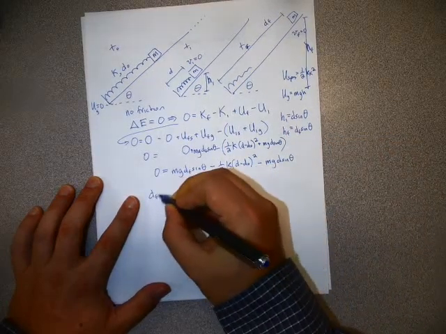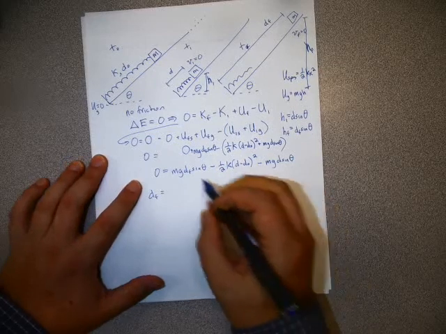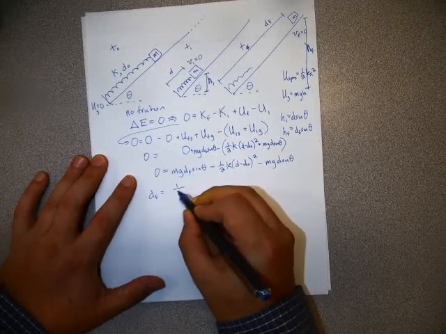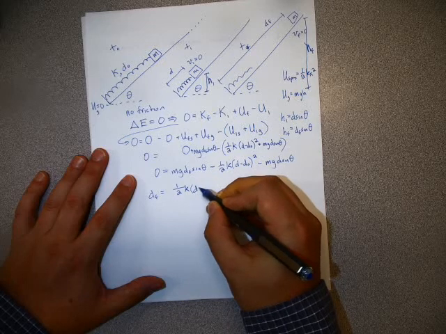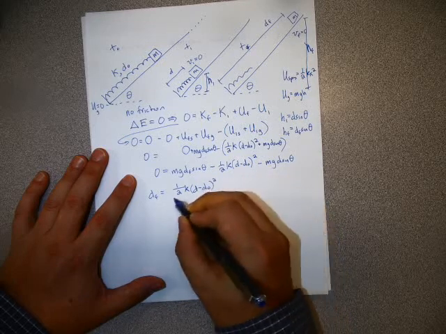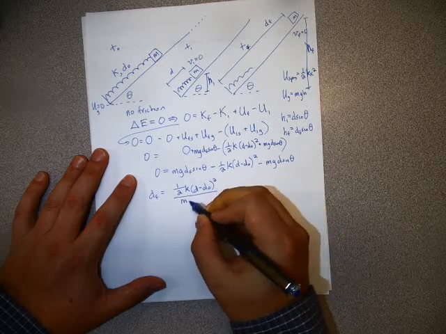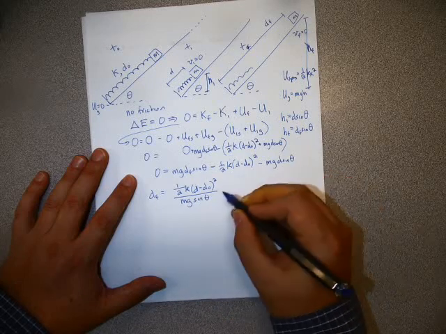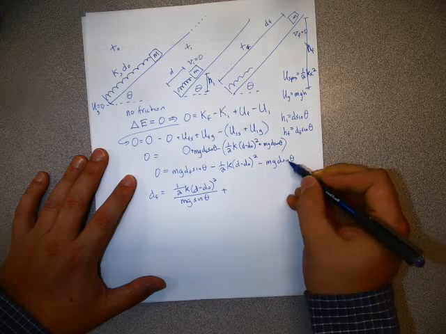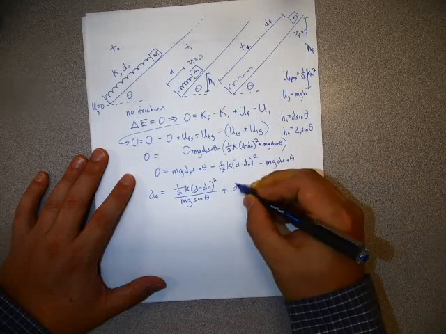So d final then is equal to 1/2 k (d minus d naught) squared over mg sine theta, and then the m, the g, the sine theta all cancel out, so we just get plus d.